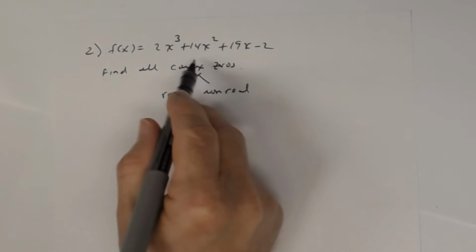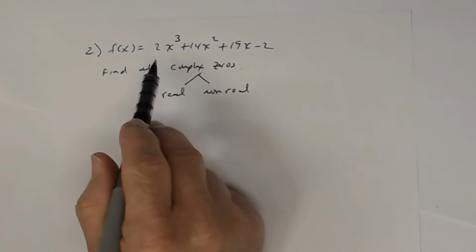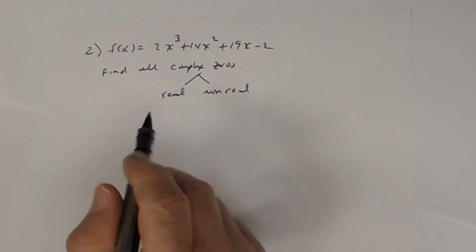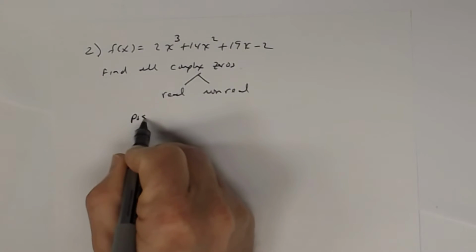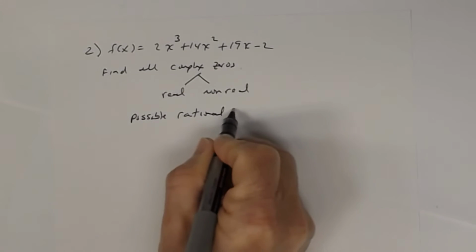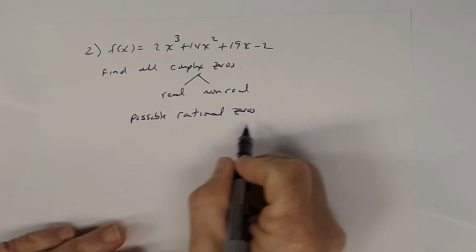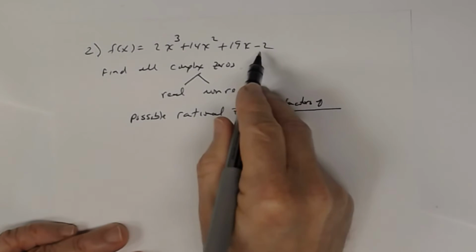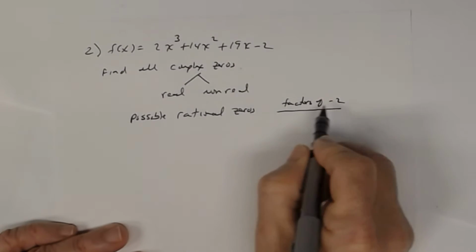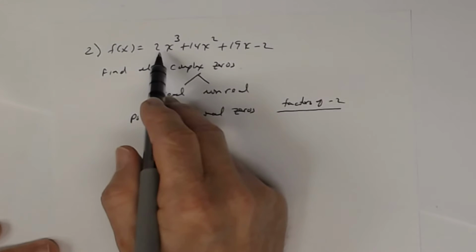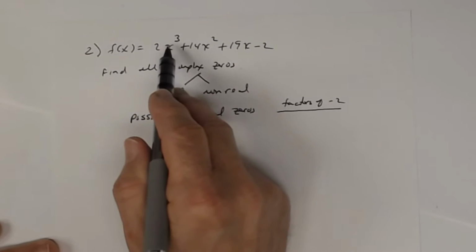All right. So first we have to find the possible rational zeros using the Rational Zero Theorem. We're going to have factors of -2, that's your constant term, over the factors of 2, because the leading coefficient is 2, your leading term right here.